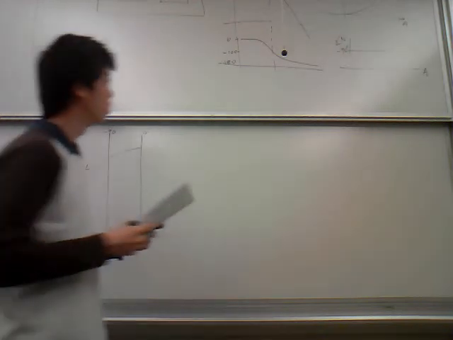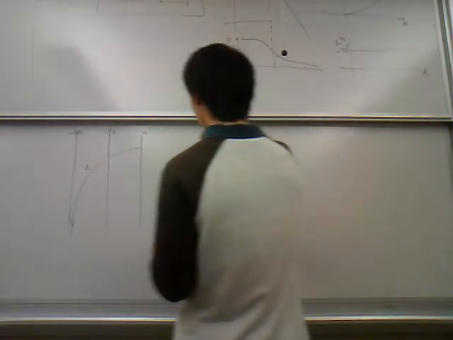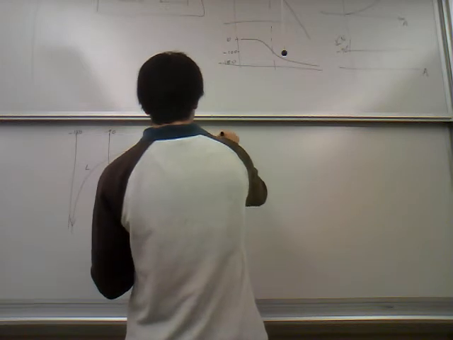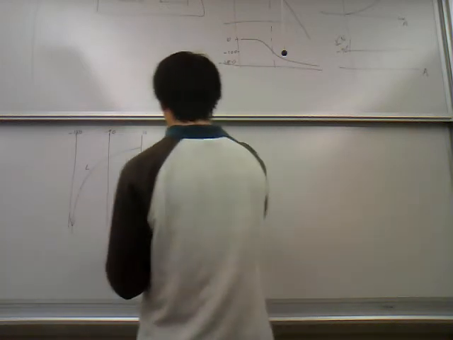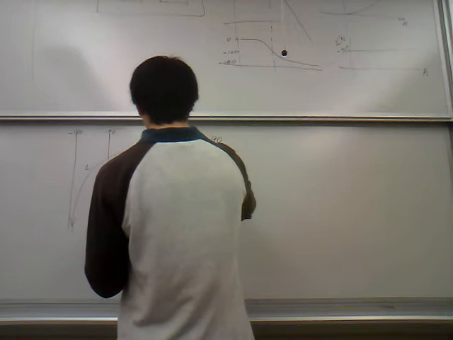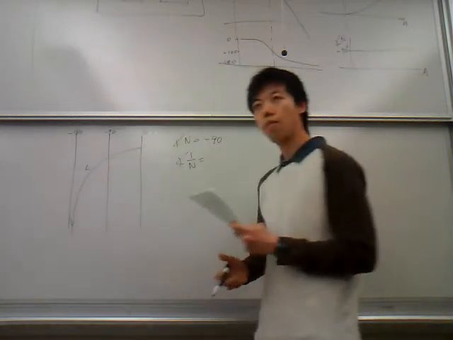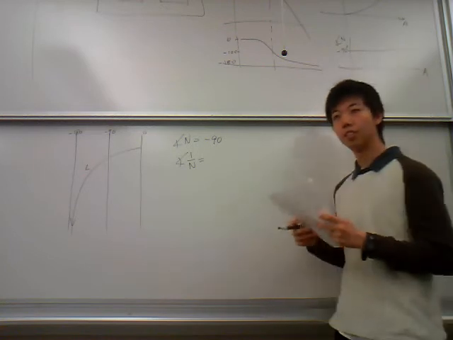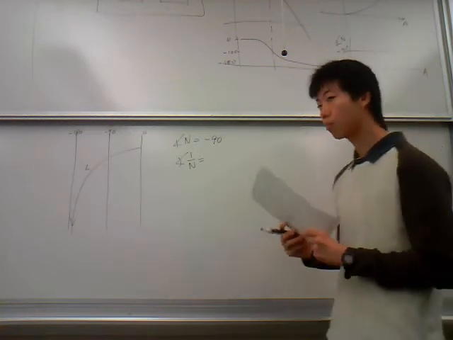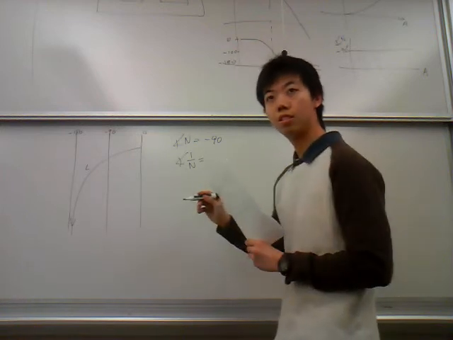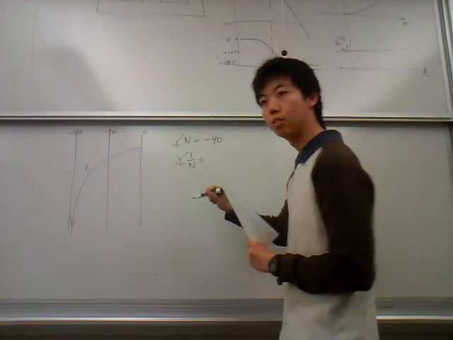For the nonlinear element, we know that the phase of N is negative 90 degrees. So what's the phase of 1 over N? Anyone? Negative 90 or 90? Negative 1 over N. 1 over N.